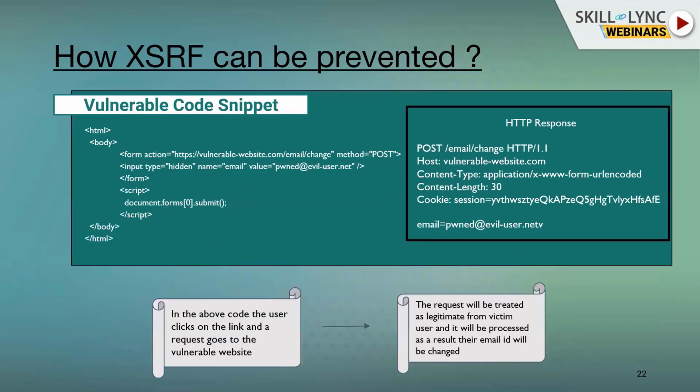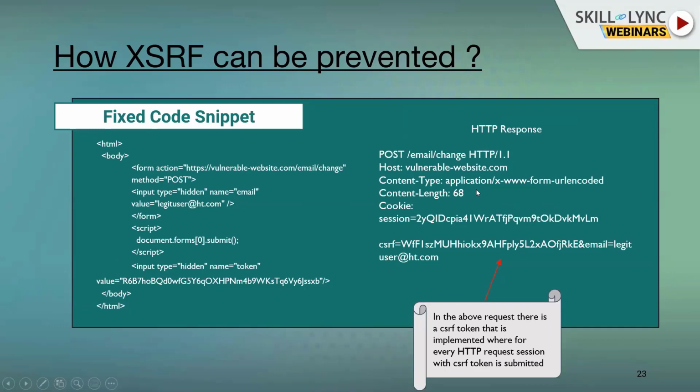And in the hacker's request, there is no CSRF token present. So the server will reject the request, because the server knows that for the person who was accessing my web page, I have given a CSRF token, and in the request that is sent, I'm not seeing that CSRF token, hence I'm rejecting it.